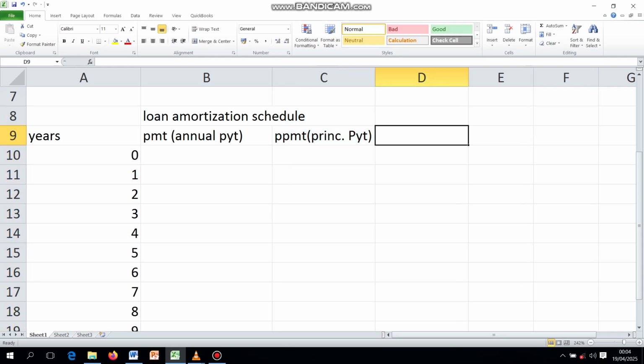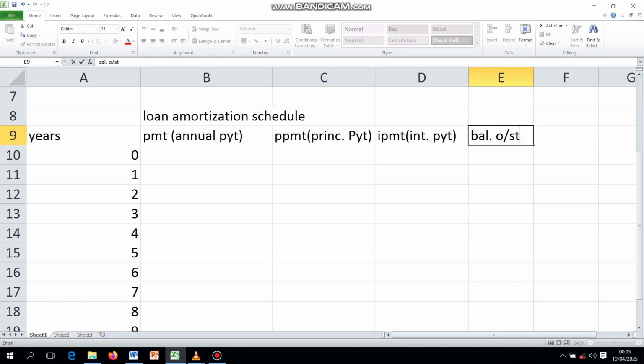Then here I will have the interest payment. This is interest payment. Then here I will have the balance outstanding.